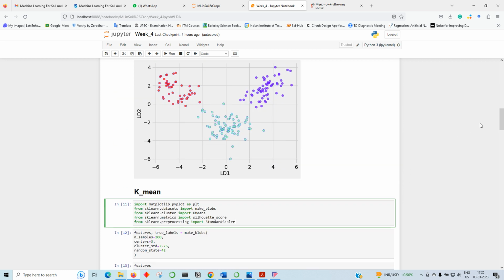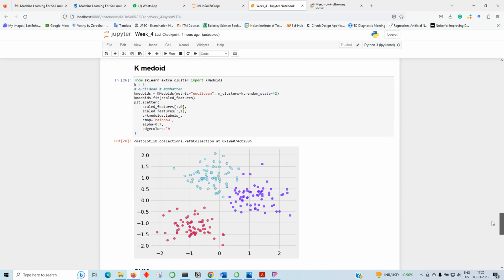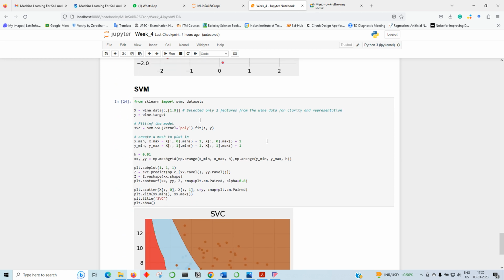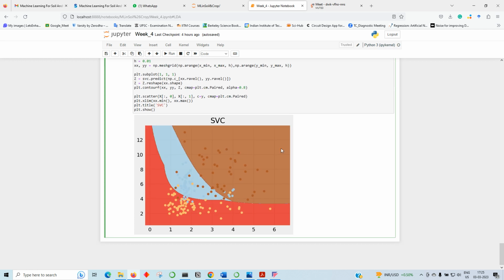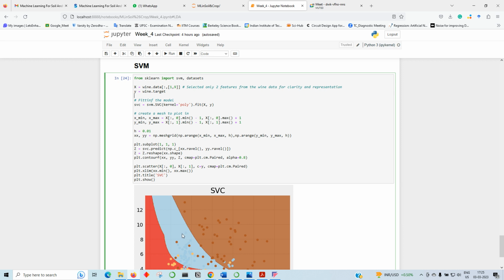Now, since we are fresh with the Wine data, let's look at the support vector machine or support vector classification in the same way. What does support vector classification do? It identifies the line which has the maximum distance between the classes. Here we have three classes, and as you can see, we have done some classification.